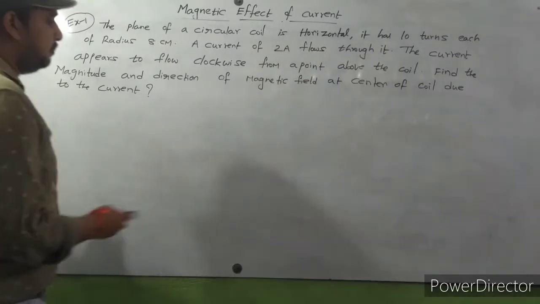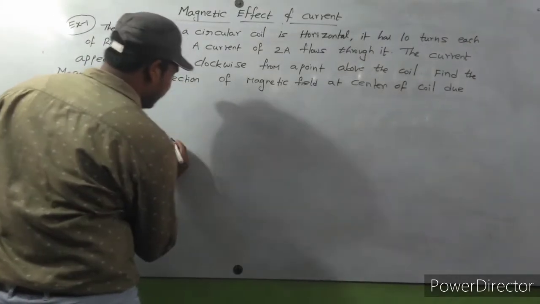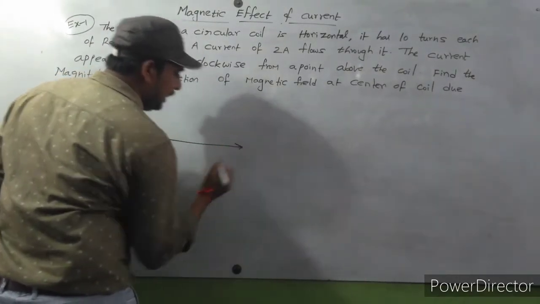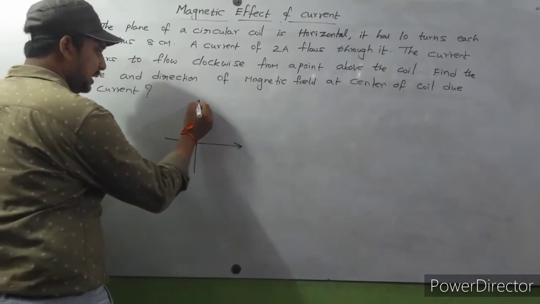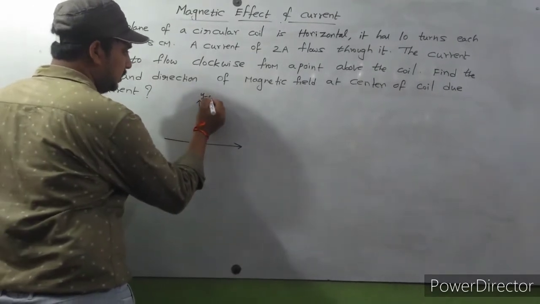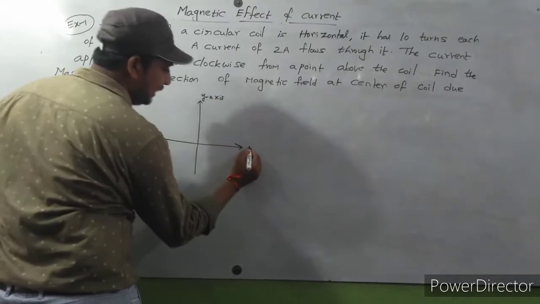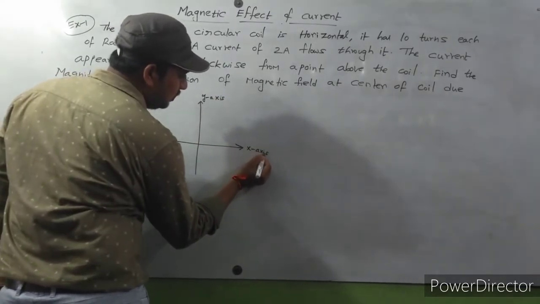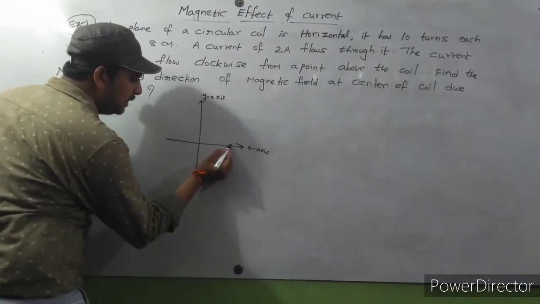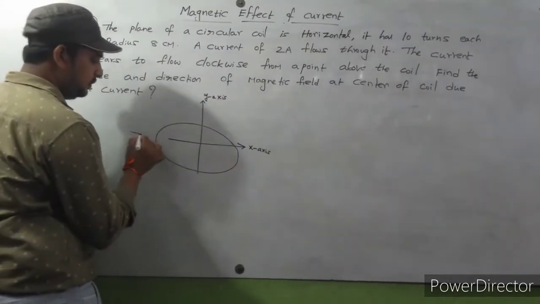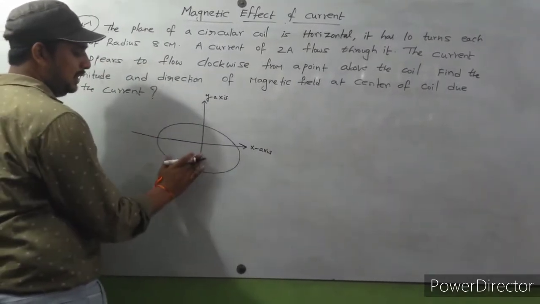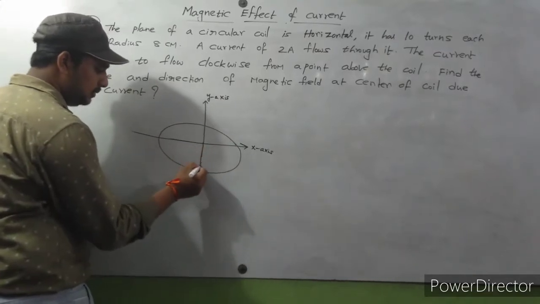That means it is placed along the x-axis. For example, this is the x-axis, this is the y-axis. Here horizontal coil means it is placed along the x-axis, like this.